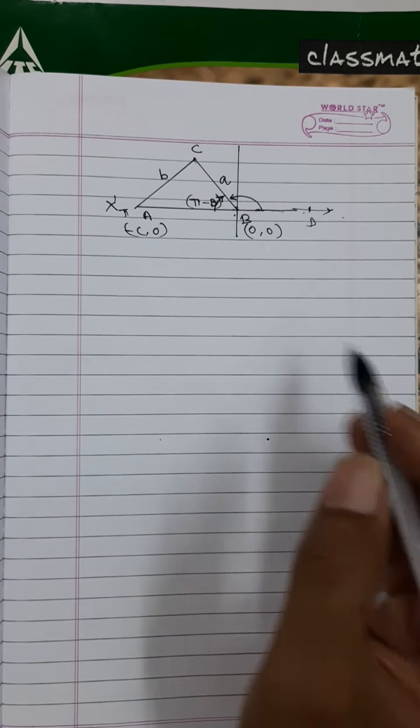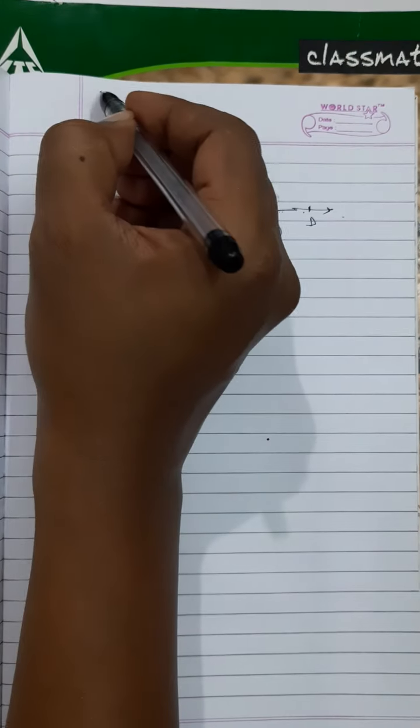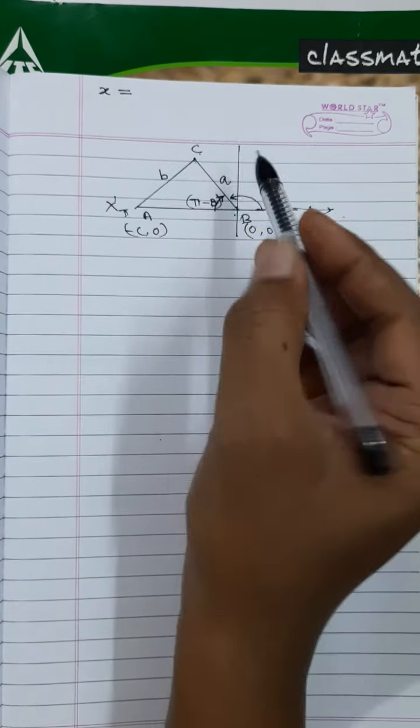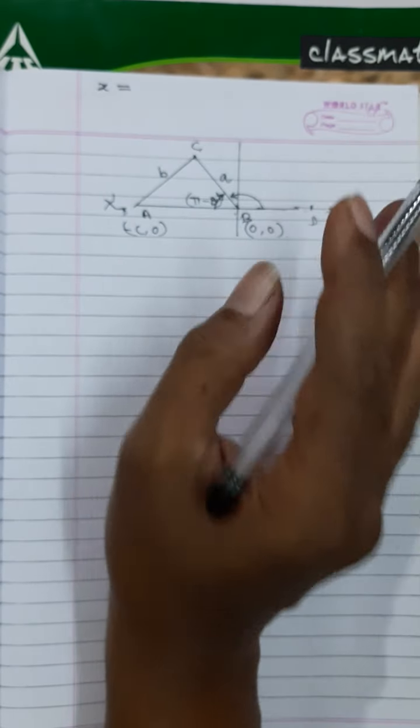Okay. So if I consider writing the coordinates of C, I am writing in rough work first. X coordinate will be what? X is equal to R cos theta.